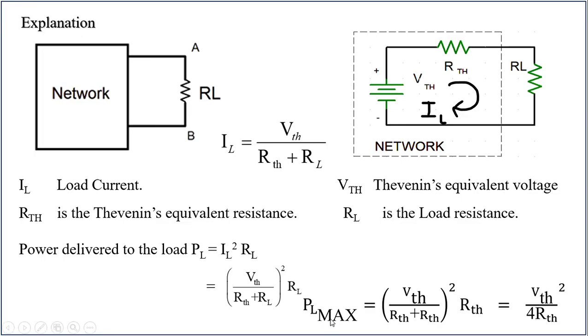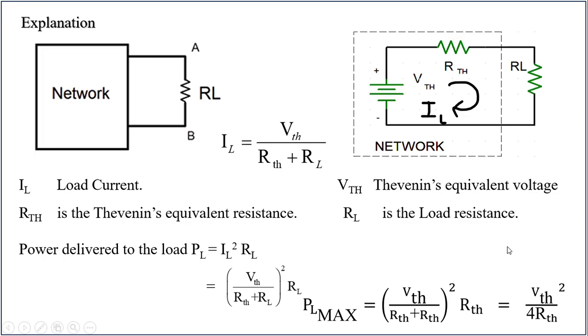So PL maximum is equal to VTH by RTH plus RTH, whole square, into RL, because RL is equal to RTH, only then power will be maximum. If you simplify that, you will get VTH square by 4 RTH. This is the maximum power delivered formula obtained by applying the maximum power transfer theorem.